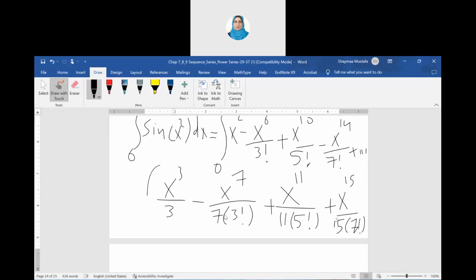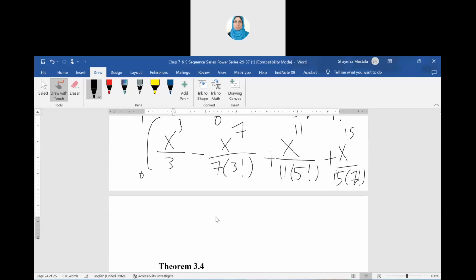So this will be from 0 to 1. You should substitute from 0 to 1.